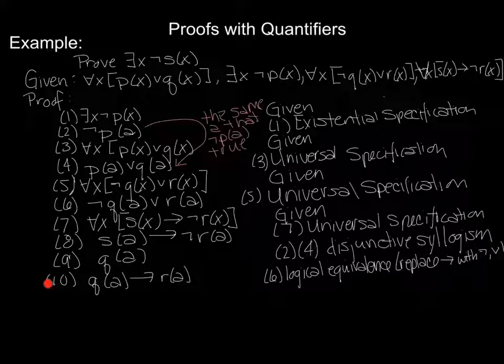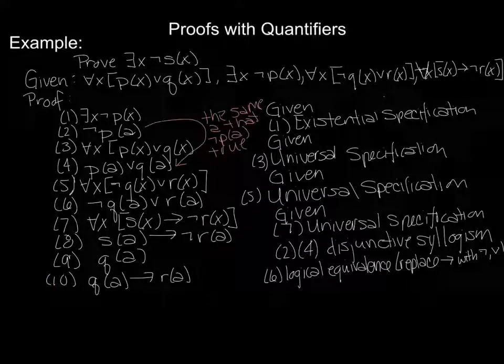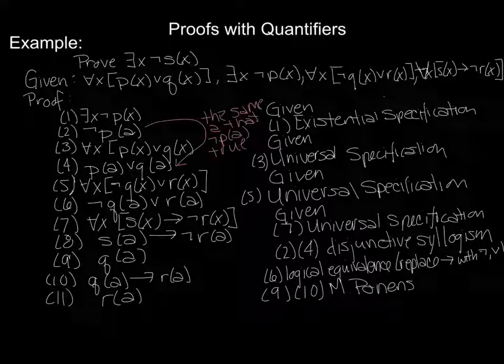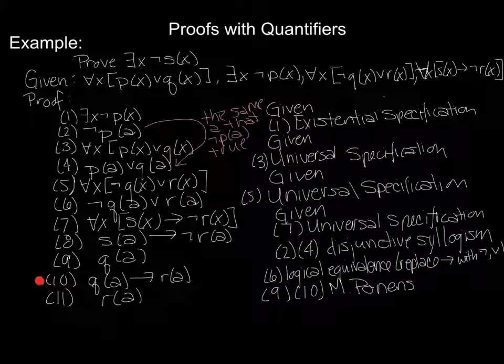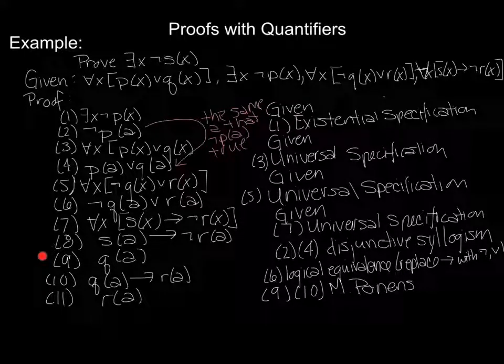We often use it the other way around, replacing the implication with a not and an or. And now I can use my implication. Q of A implies R of A, and I also know that Q of A is true, so that must mean R of A is true by modus ponens.